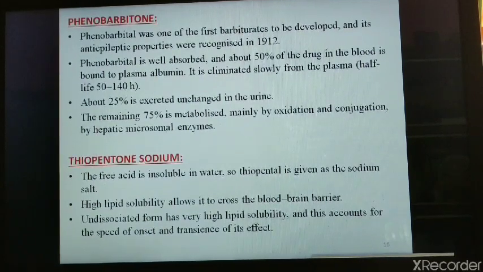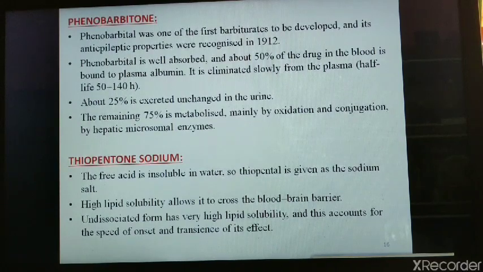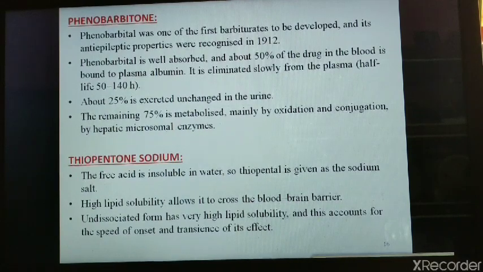Drugs used are phenobarbital and thiopentone sodium. Now, phenobarbital was one of the first barbiturates that was developed and has shown anti-epileptic properties, which was recognized in the year 1912. It is well absorbed and about 50% of the drug is bound to plasma albumin.